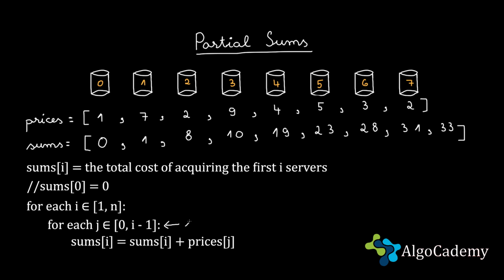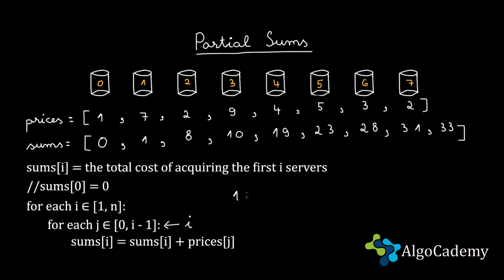This is a total of i operations. So each time we enter this for loop with a different value of i, we are making that number of operations, right? So let's see. First, i is equal to 1. When i is equal to 1, we have j starting from 0, ending at 0. One operation, right?